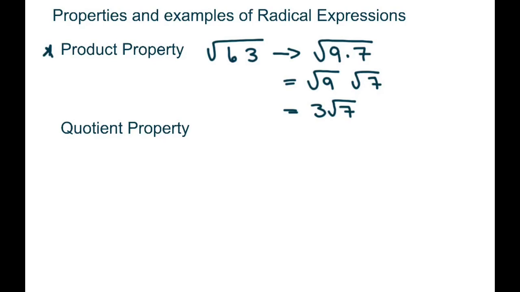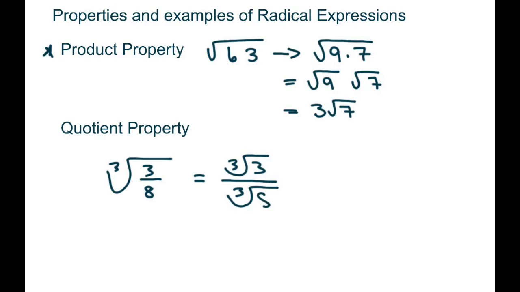Now for the quotient property, we have something like the cube root of 3 over 8, and you can break it up, that's all it's saying: the cube root of 3 over the cube root of 8, and that would be the cube root of 3 over 2.